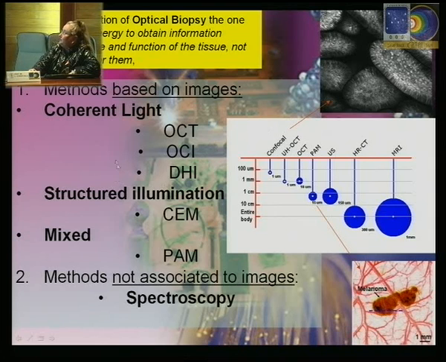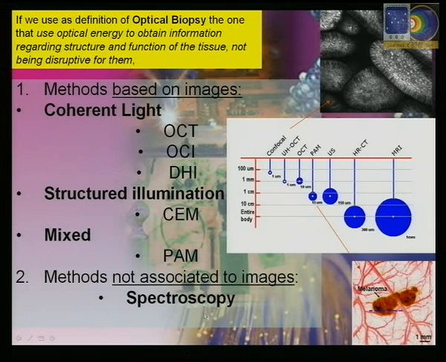In fact, there are two big groups: the ones based on image, which are related to pathology, and the ones not associated with images, which are not related to pathology in Spain and in some of the European countries.